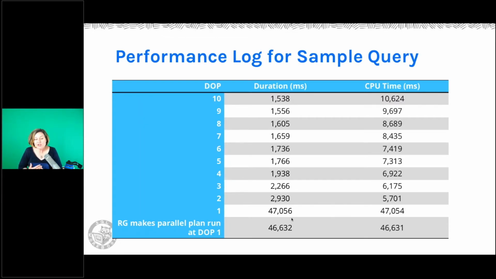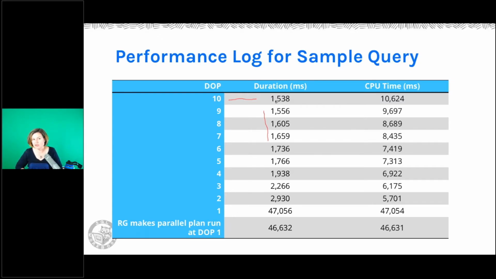I also measured the same sample query that we looked at. I just measured duration and CPU usage when running it at different DOPs. When using all 10 cores, the duration was right, we kind of have a little leveling off here, and there's variation. This is not a super scientific measurement.